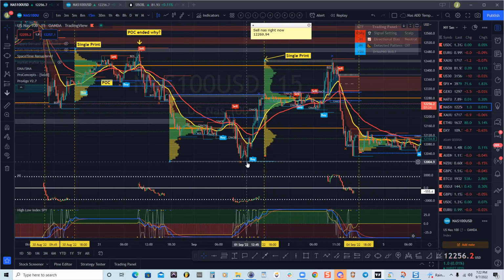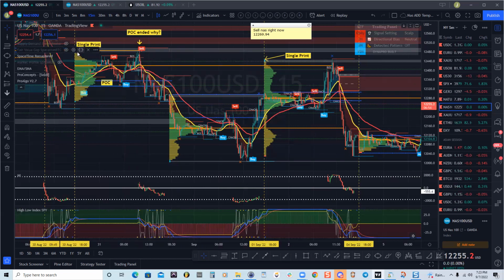So you're trying to go from one level to another level. Wow. So you go zone to zone, order block to order block. So you could have went from this line here all the way down to here.